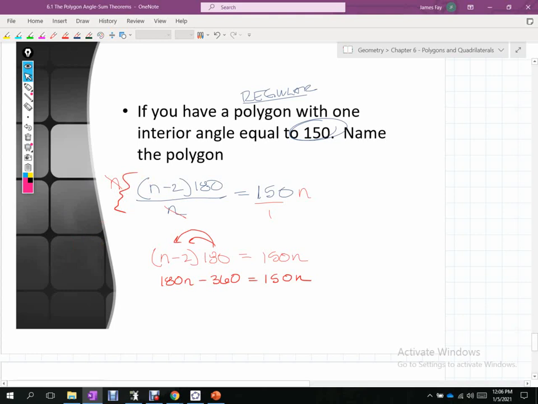But after we do 3 or 4 or 5 of these, we realize that we can always start there instead. Does that make sense? Because you're always going to multiply both sides by n, and you're always going to distribute that 180. And then you're always going to subtract this 180n from both sides. So I get negative 360 equal to negative 30n.